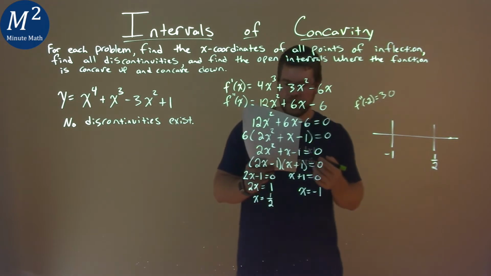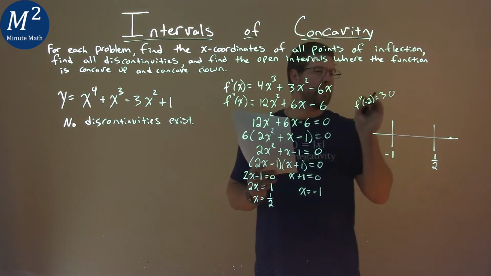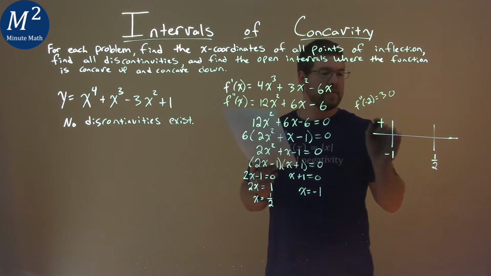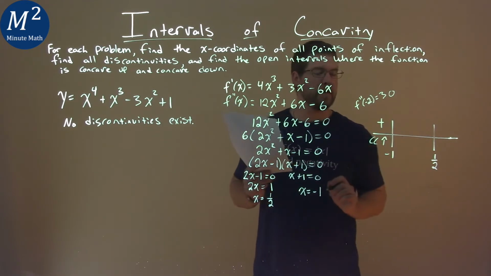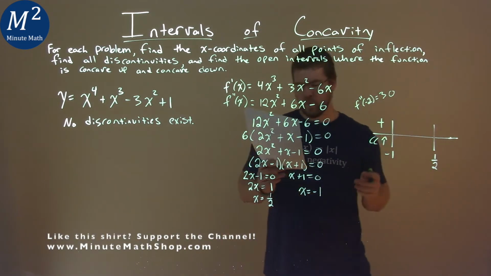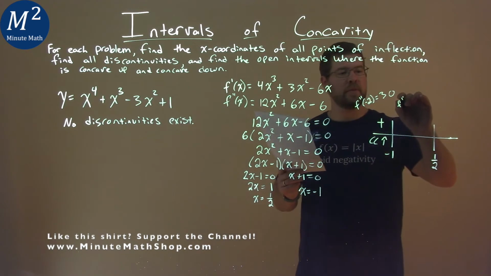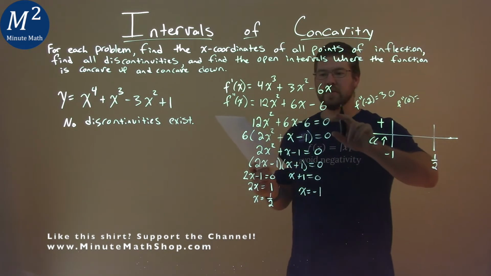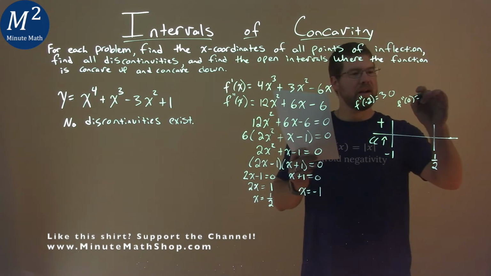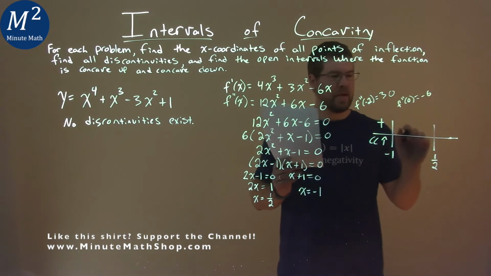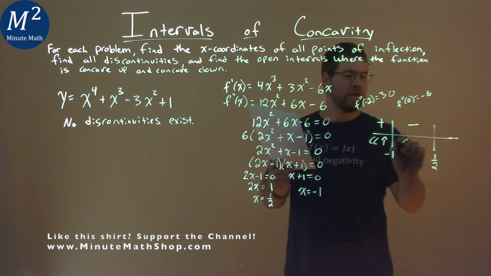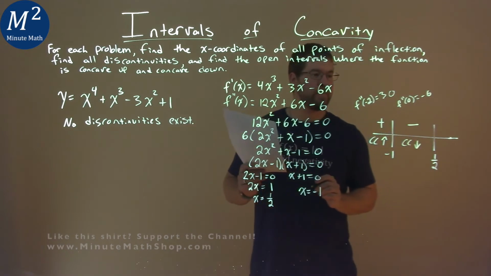I don't care what the number is, I just care that it's positive, and that means we're concave up here. Between negative 1 and 1/2, I picked 0, so I said f double prime of 0, plugged it into my second derivative, and I got a negative 6 here. That means we're negative, that's all I care about, and it's concave down.